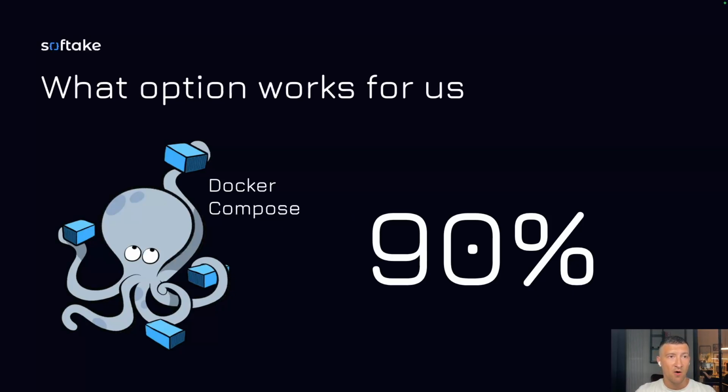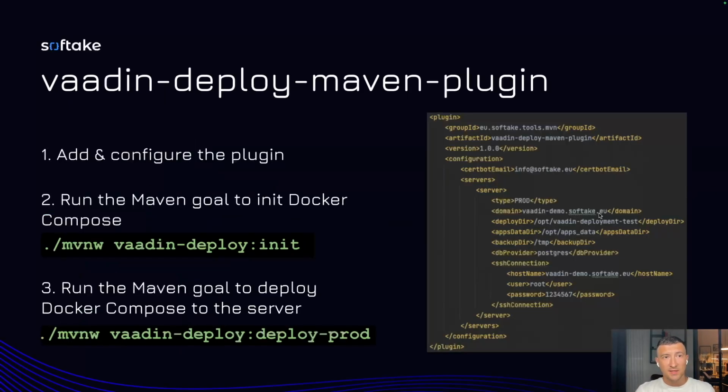So, to streamline our workflow, we developed a custom Maven plugin called vaadin-deploy-maven-plugin. It is designed to automate and simplify deployment. It handles two critical tasks: automatically generating a standardized Docker Compose configuration tailored for Vaadin applications, and deploying Docker Compose to a Linux server via SSH, ensuring a smooth and consistent deployment process.